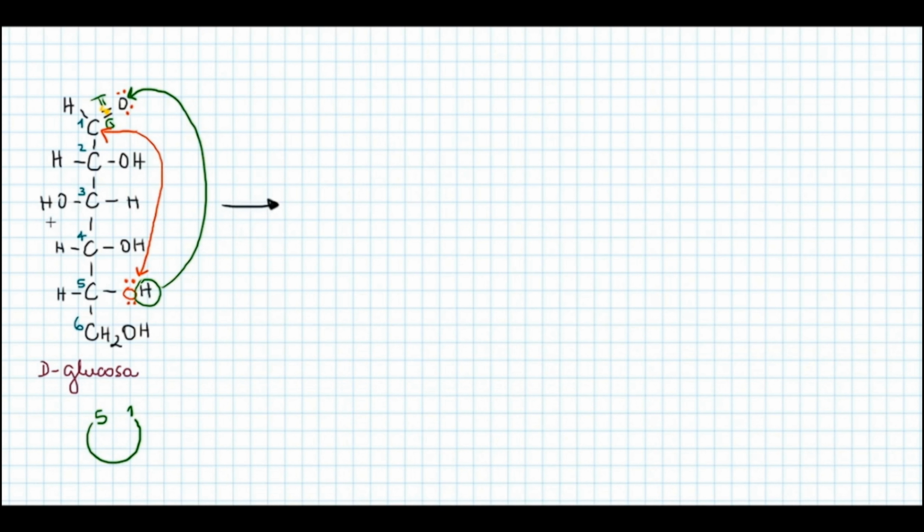I am going to represent this migration of atoms and this formation of new bonds in the following way. I am going to represent the carbons 2, 3, 4, 5. Carbon 6 is going to be outside the formation of the ring. Now I am left with an OH group that was not previously there, which is the one formed when the hydrogen migrates towards the oxygen, with a bond to the hydrogen that it previously had and a bond to the oxygen that we are now going to finish when we get to carbon 5.